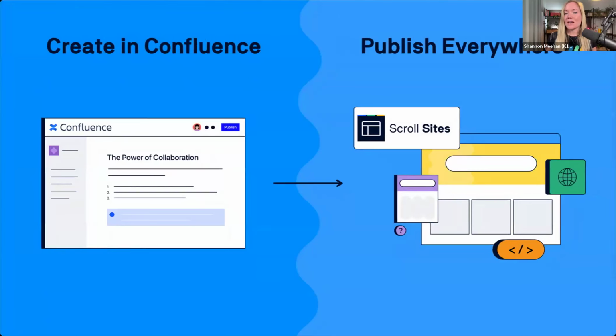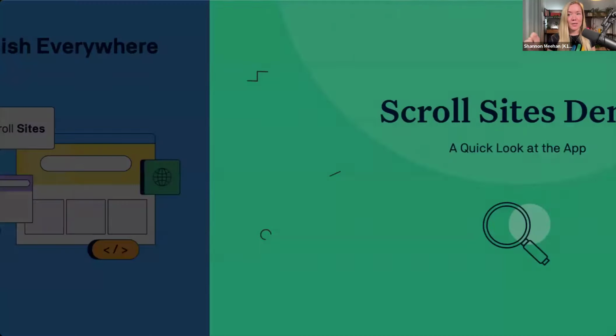And it's not just a name change. So Scroll Sites will offer a way more flexible way for you to publish Confluence content as high-performance sites of all kinds. And it's a very fresh start. So we've removed some of the limitations that we had with Scroll Viewport. We want to introduce new capabilities, obviously new themes, and just offer a lot more flexibility. And all of that is coming together.